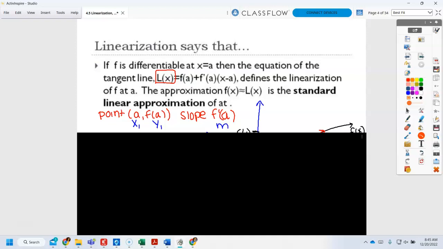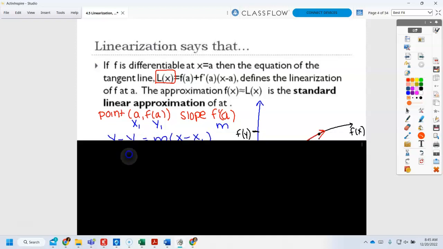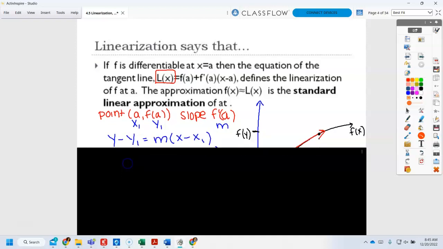Back in the algebra days, we called those x1, y1, and m. In the calc days, we're going to call them a, f of a, and f prime of a. So back in the algebra days, you plugged into point-slope form.